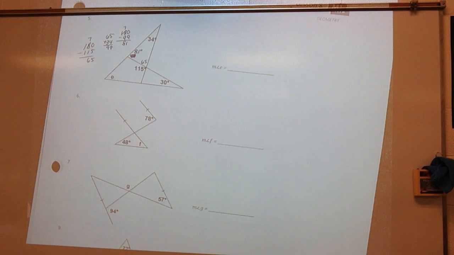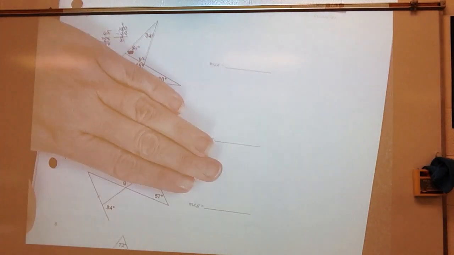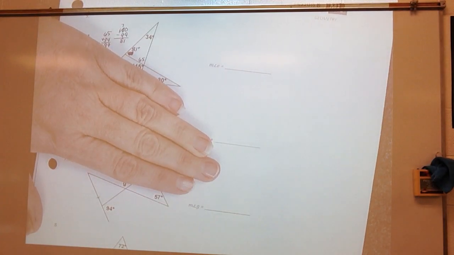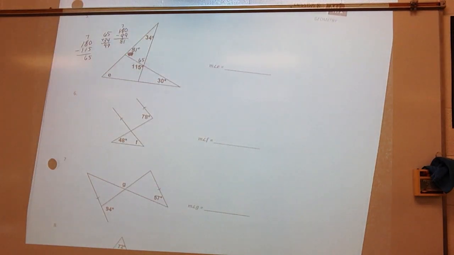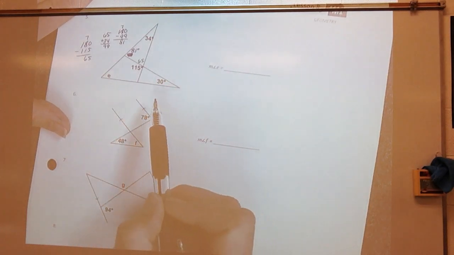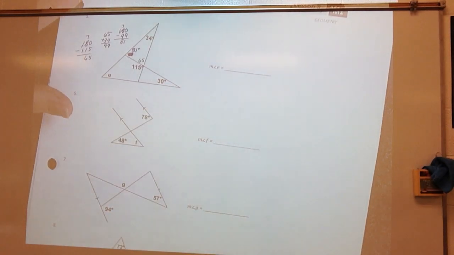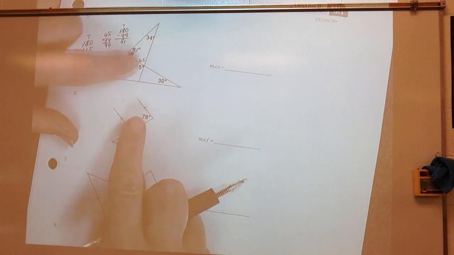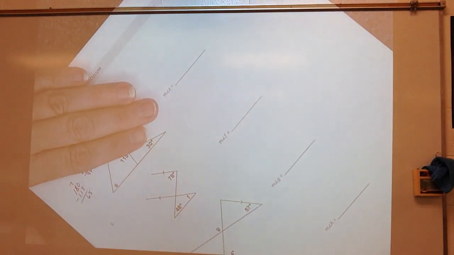Now, let's see what I can do now. All right, so I found the measures of this small triangle. Now I want to find the measure of the big triangle. All right? So, let's do the same thing here.